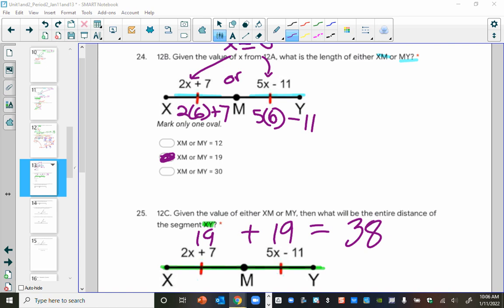All right. Now, so what's going to happen with this type of problem? I may just tell you, solve for x, and then I may just have you do one, not both. But I'm not going to tell you if it's just one section or the entire thing.